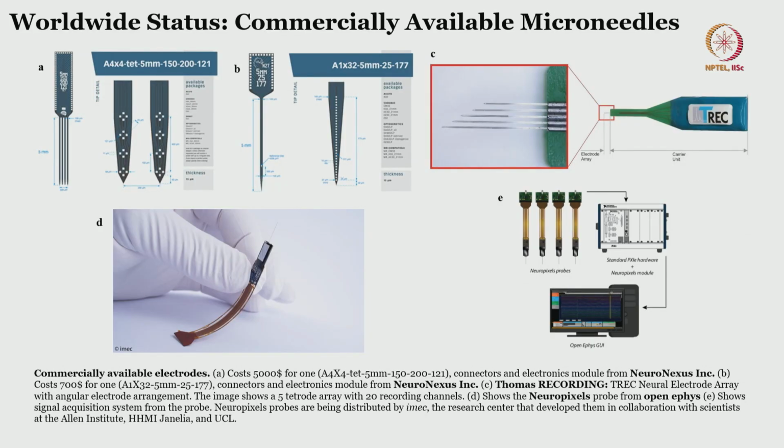Another thing to understand is that there is electronics and a cable connected further. This figure is copied from IMEC; you can see a recording module, the whole electronics, and finally the shank here with electrode arrays.